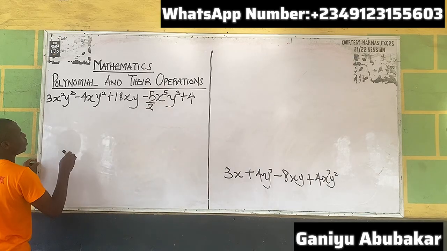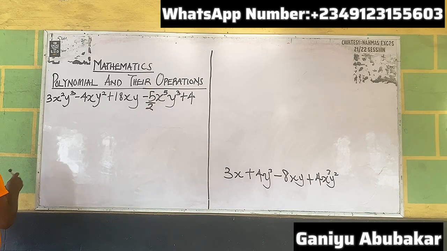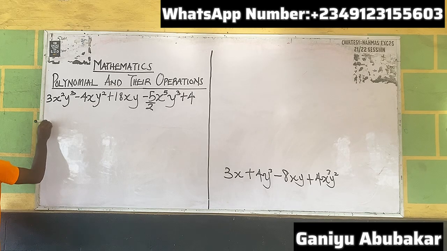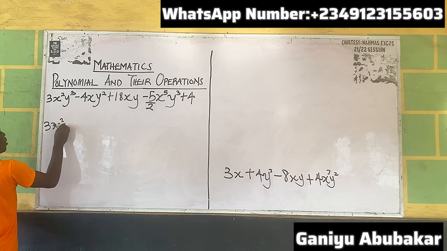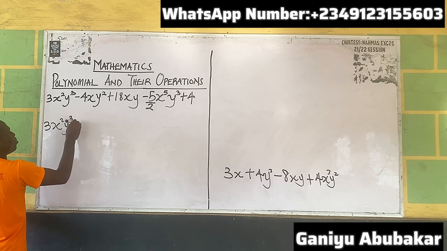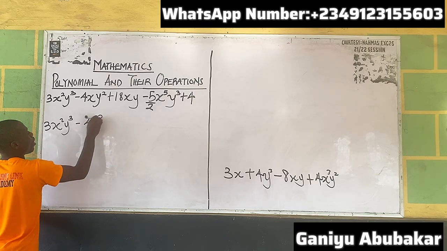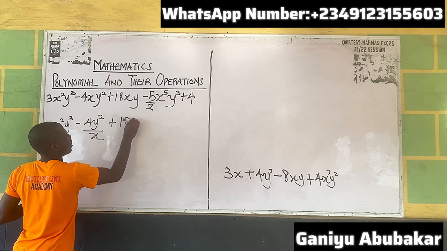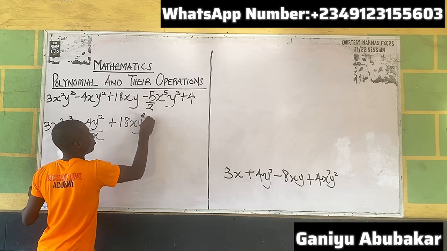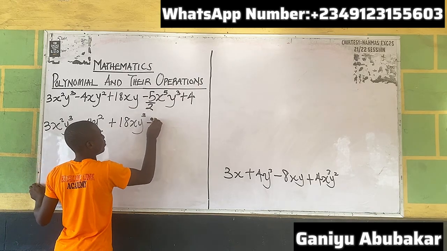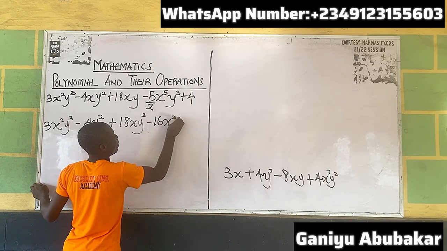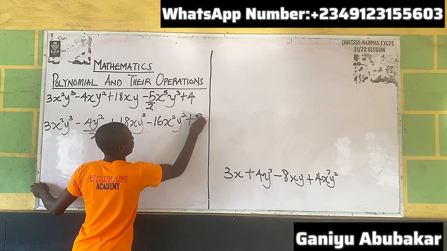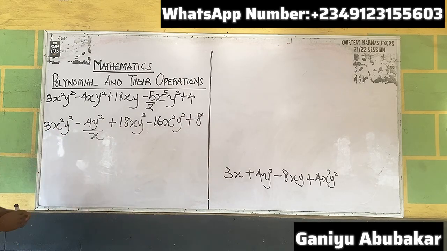Now another example: 3x squared y cubed minus 4y squared over x plus 18xy cubed minus 16x squared y squared plus 8.